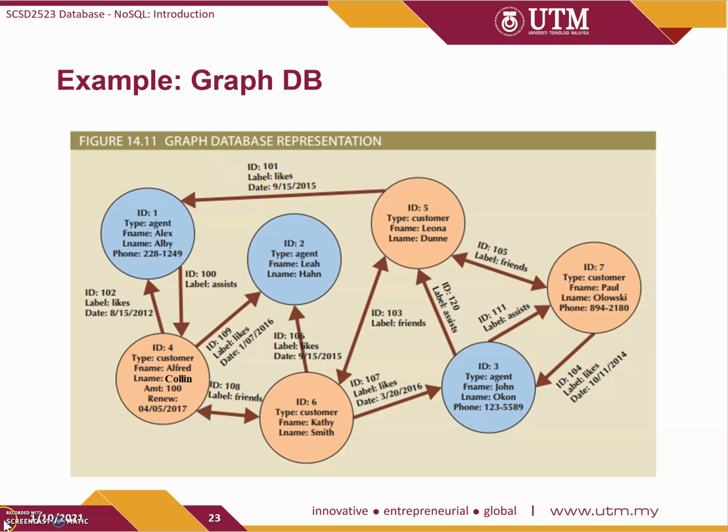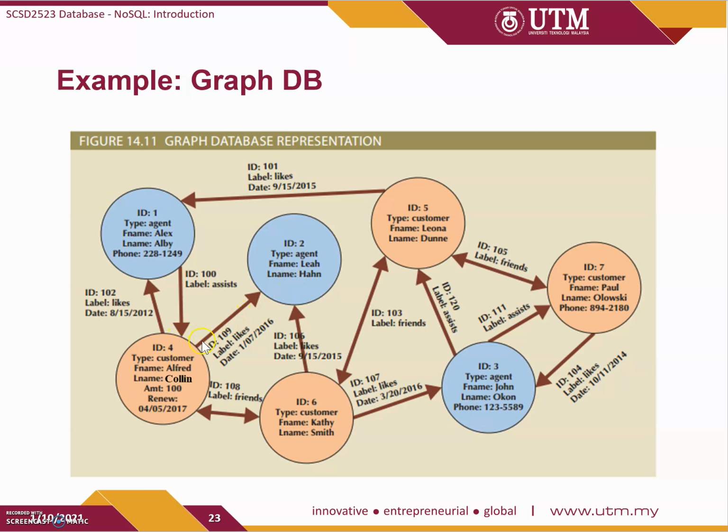The graph database is more focused on the relationship. If you look at this example, it is more about nodes and also edges. The nodes basically represent all of the entities and also the attributes that you have in your relational model.